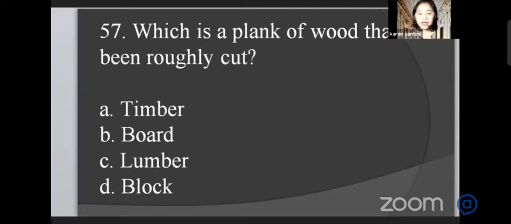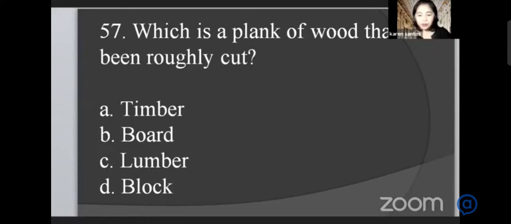Okay, the correct answer is letter C, which is lumber. Lumber is untreated wood cut into planks. The other choices: timber is considered by large and less of a processed wood product.